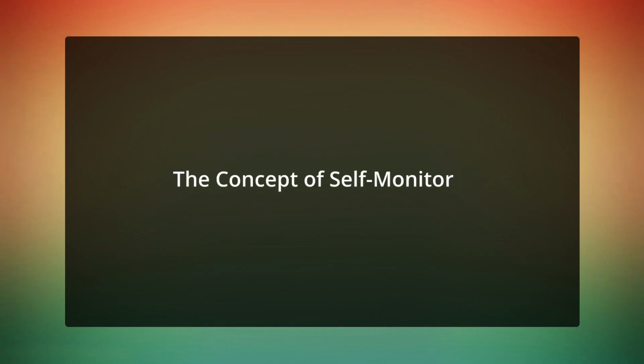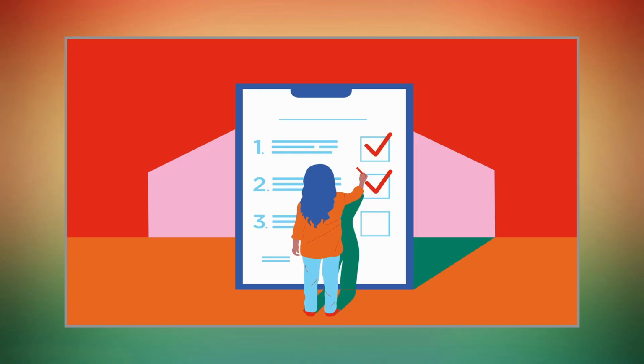Now, let us discuss the concept of self-monitoring. Self-monitoring is a personality attribute that entails the capacity to keep track of and control one's self-presentations, feelings, and actions in response to social contexts and circumstances. Being conscious of your actions and how they affect your surroundings is necessary for this.